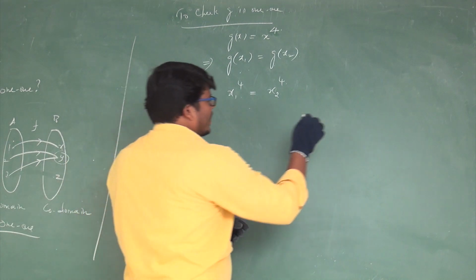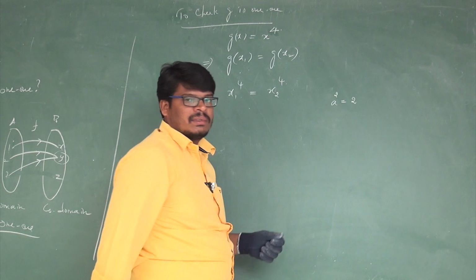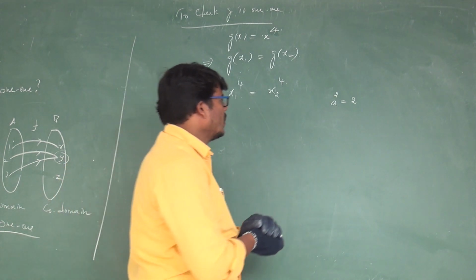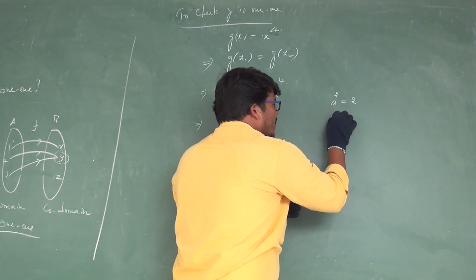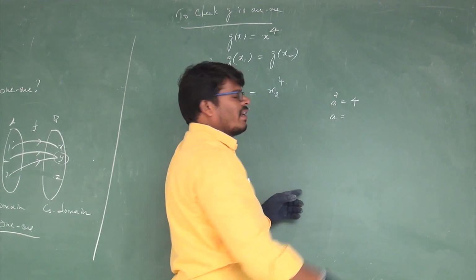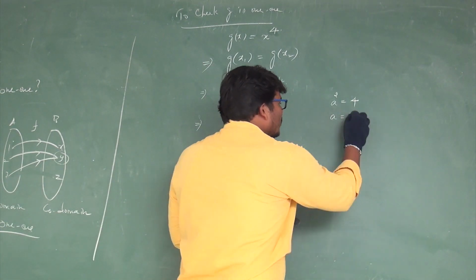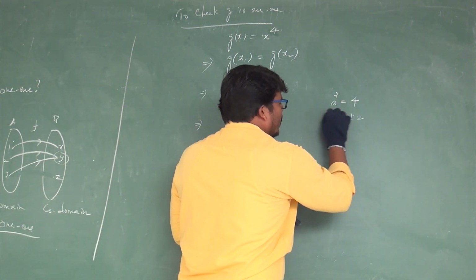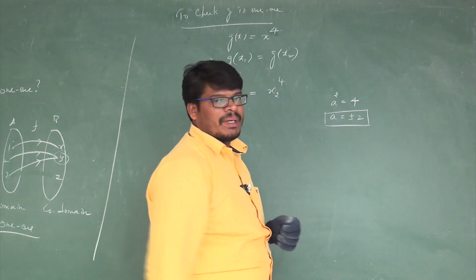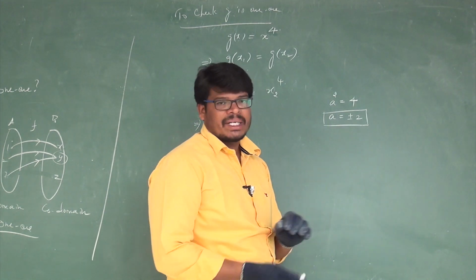Even power: suppose, for example, a square value is 4. Now find the value of a, it is plus or minus 2. Since it is an even power, we get the answer plus or minus 2.